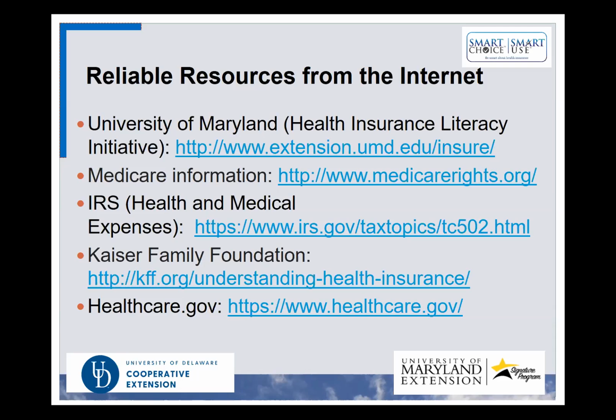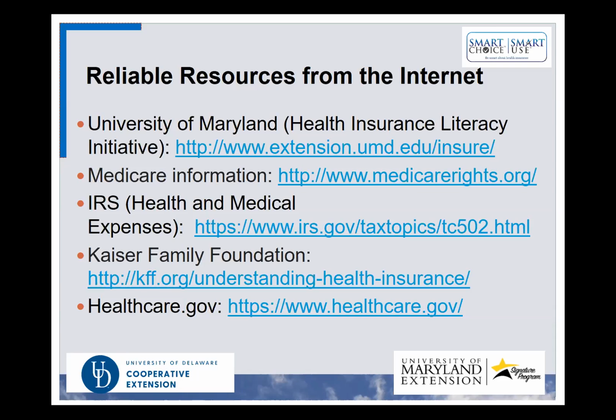So you can start investigating now. And if you have the option to have a medical savings account or a health savings account, that allows you to put money away now for when you retire, and you can use that money when you retire to help offset some of those costs.